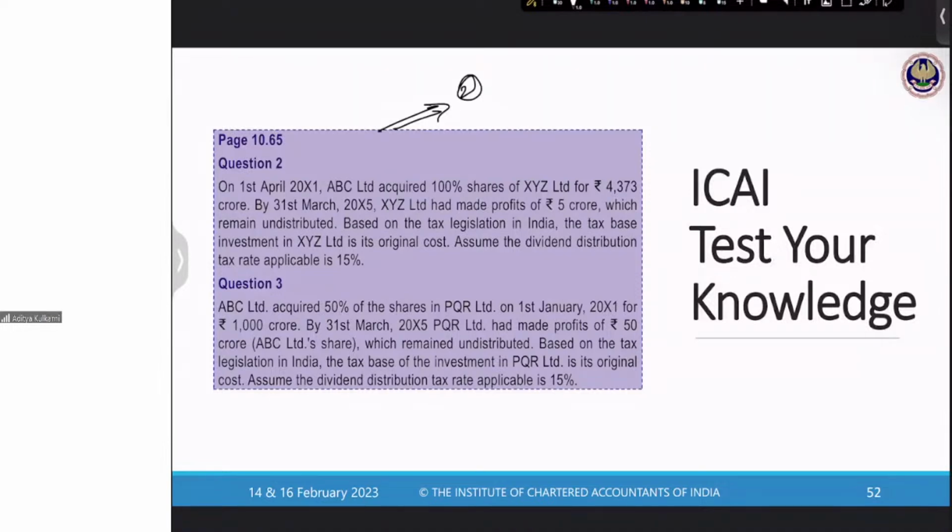Okay, on 1st April, ABC Limited acquired 100% shares for 4,373 crores. By 31st March 20x5, XYZ had made profits of 5 crores, which remain undistributed. Based on the tax legislation, the tax base of the investment in XYZ Limited is its original cost.